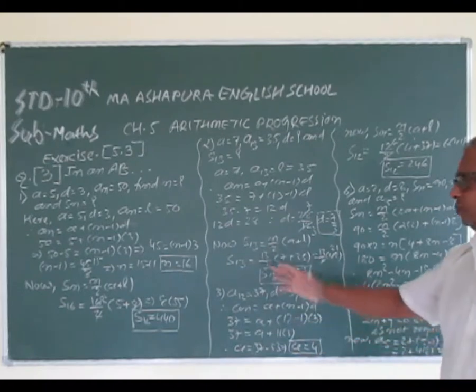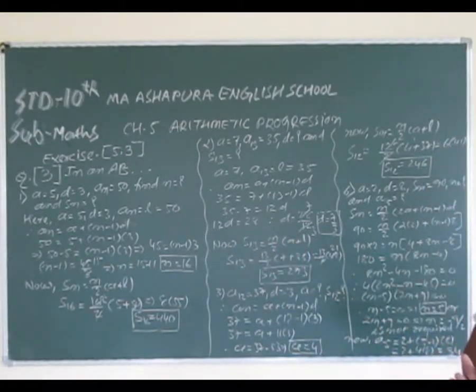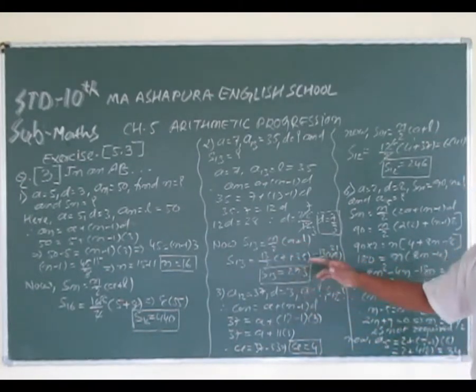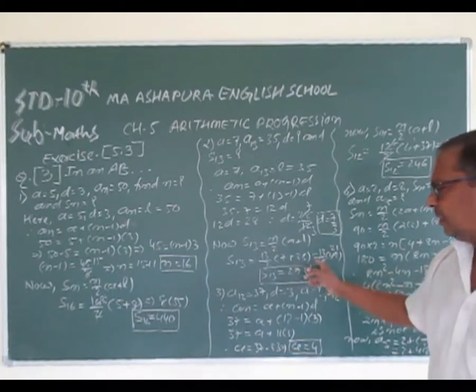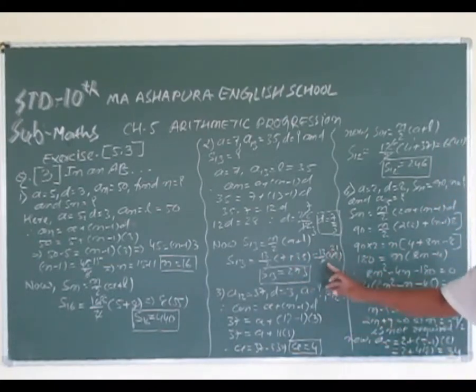Now we're going to find out S13. S13 is equal to n by 2 into a plus l. n is equal to 13, a is equal to 7 first term, and l is equal to 35, which is the last term. So now sum of the bracket 35 plus 7 is equal to 42, and then 13 divided by 2 multiplied by 42.